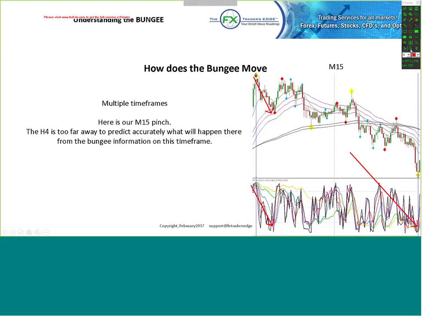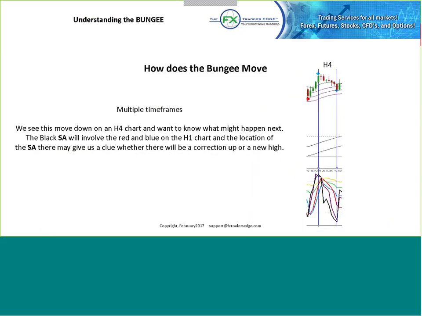Let's go back to the H4 and just remind ourselves what we were looking at. So we were looking for a stretch away, black and purple involving the red into the wave.